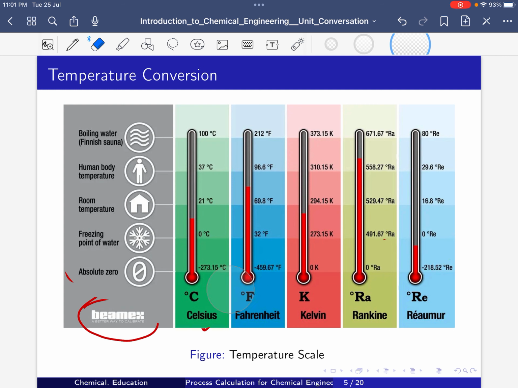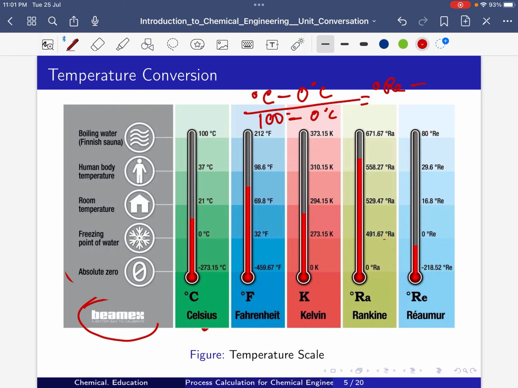So how do you formulate? I can go like degree centigrade minus the freezing point of water, so 0 degree centigrade, by the boiling point of water 100 degree minus the freezing point of water 0 degree centigrade. Now if we construct RE, that scale is degree RE minus 0 RE, by the boiling point 80 degree RE minus 0 degree RE.